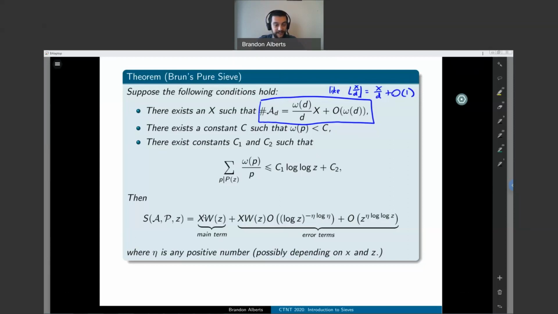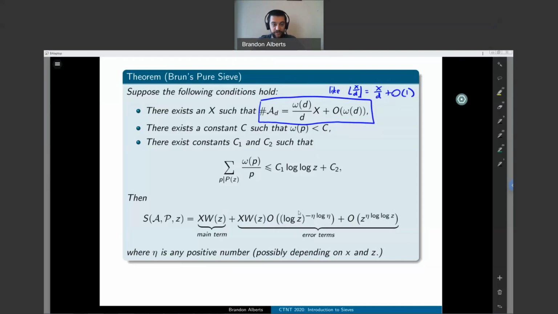We've got, this is a main term. It's the same main term as the sieve of Eratosthenes. We've got two error terms here. The first one is literally just the main term divided by some powers of log z, where eta, you can pick any positive number for eta. But if eta is positive, then this exponent is negative. It's automatically smaller.